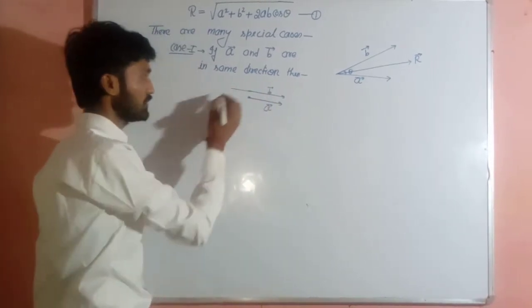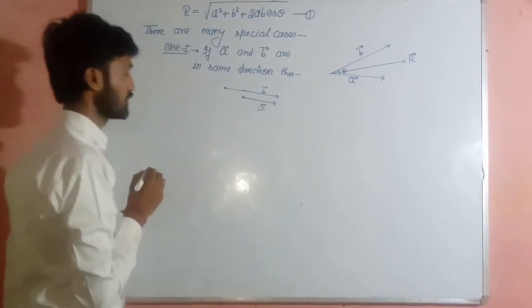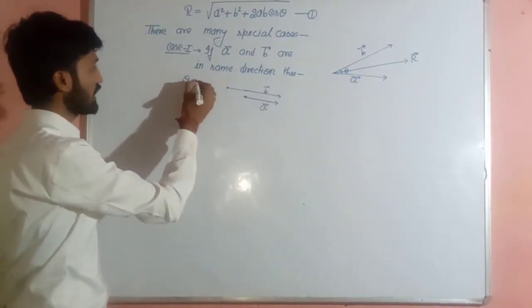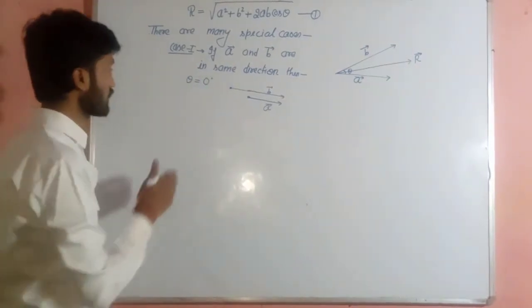Both are in the same direction. So we can say that the angle between vector A and vector B is 0 because these two lines are parallel to each other.